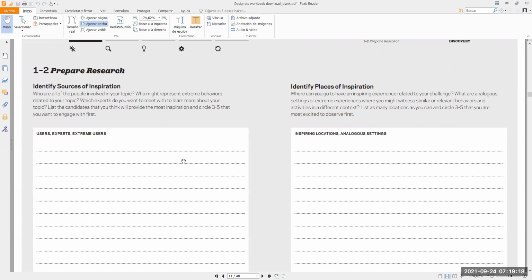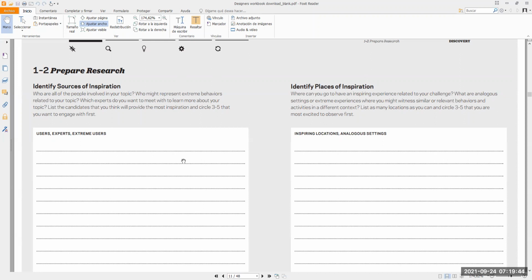This person has all the needs that you want to supply. What would be the difference between an extreme user and a user? A user could be a person who needs your service, but doesn't need 100% of what you offer. Your service could be good for them, but they don't require everything.